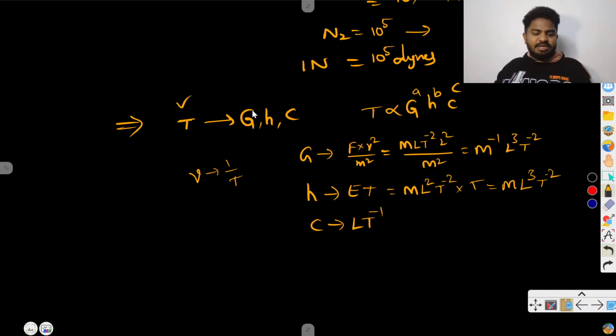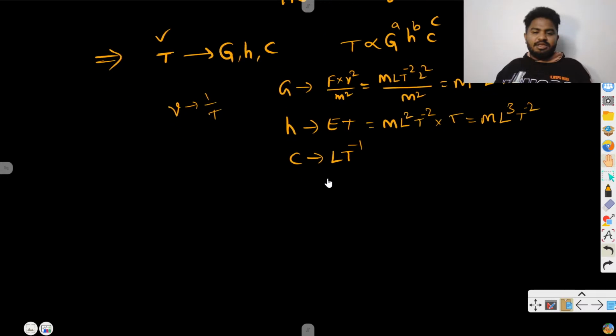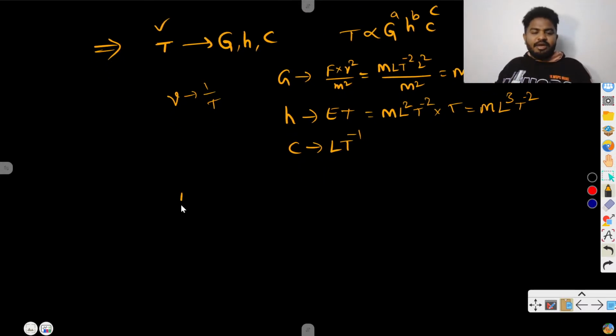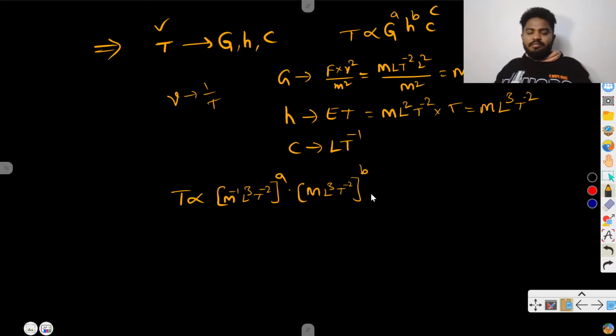Now let's substitute all these in this equation. If you substitute all these in this equation, then T is proportional to G to the power a, where G is M to the power minus 1 L cube T power minus 2, whole to the power a, and h in the sense M L square T power minus 1, whole to the power b, and c in the sense L T to the power minus 1, to the power c, right?